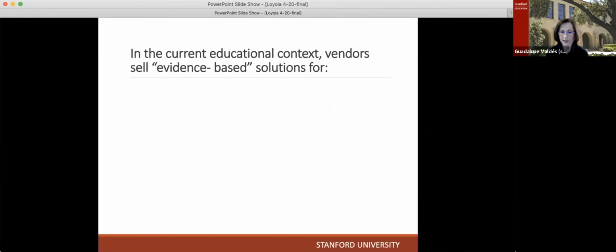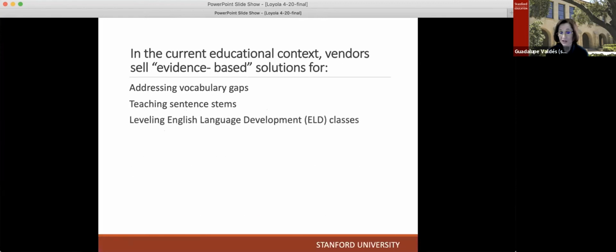For example, in our current educational context, there are vendors galore. Right? I always tell the people that I meet in schools, beware of vendors. They promise a lot of things. They promise so-called evidence-based solutions, for example, addressing vocabulary gaps, or teaching sentence stems, or leveling English language development classes, or supporting the acquisition of cash English in those places where it's considered that the students do not speak standard English.